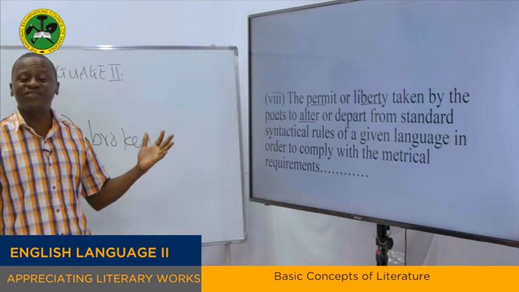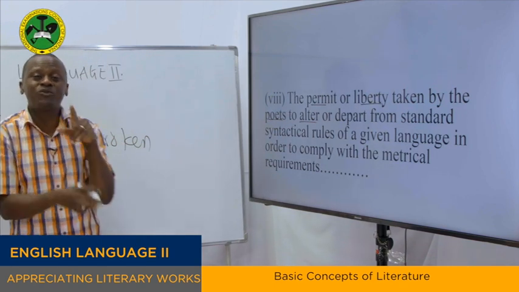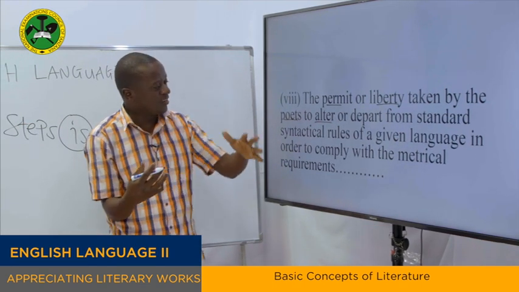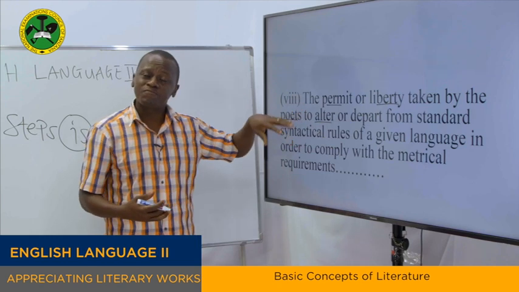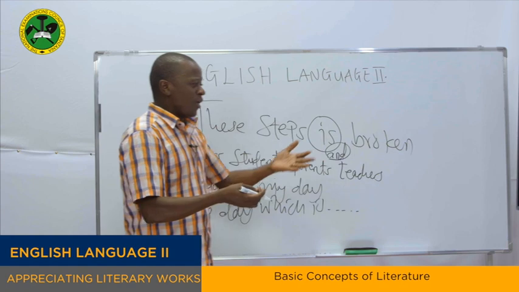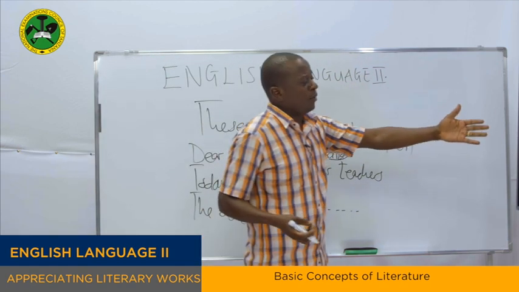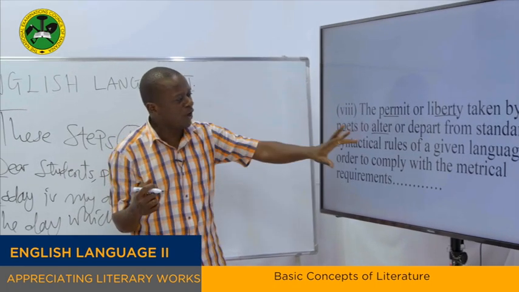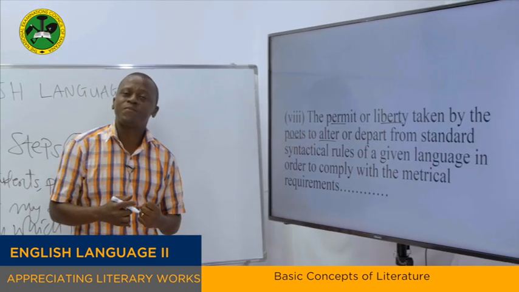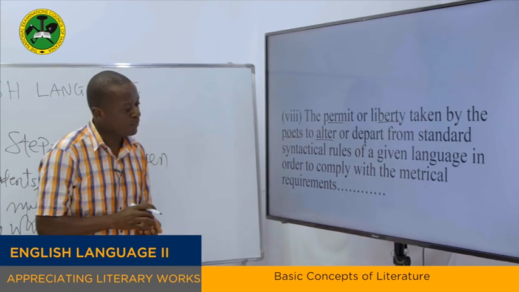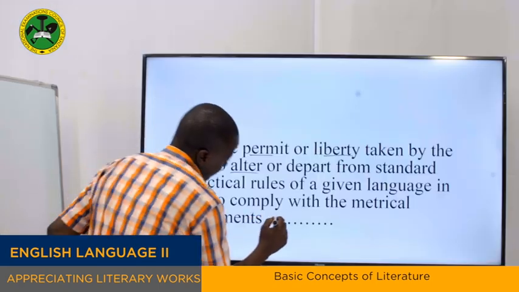He does so purposely. If today I'm to tell you, go and read Shakespeare's poems and the other works, you see all this changing, altering. Now, in poetry, that act of violating, of changing, of departing from the standard rules of language is called poetic license.